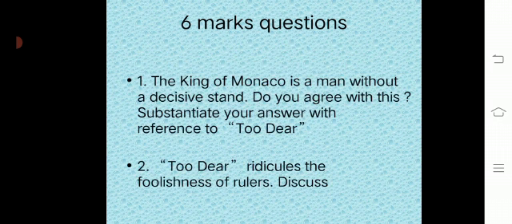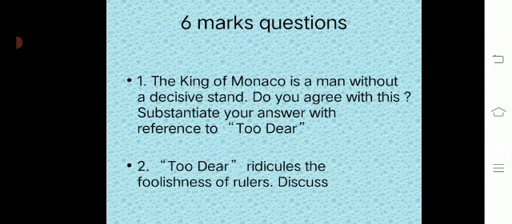The King of Monaco is a man without a decisive stand. What does that sentence mean? It means the King of Monaco was not firm on one decision he made about the criminal. He kept on changing his decision every now and then with regard to the criminal. So, do you firstly agree with this? Yes, we agree.